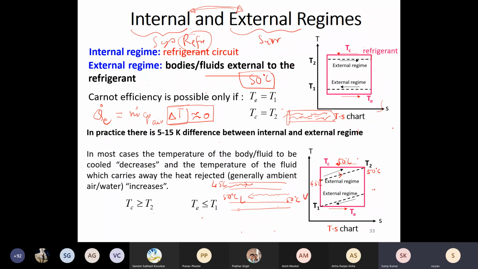The 45 degrees C air would have absorbed this heat of condensation, and it is in gaseous phase, so it is sensible heat transfer. It will undergo some delta T, and the maximum delta T it can come out at is 5 degrees in this case. So it can go up to 50 degrees. That is the limiting case. That's what this chart is showing.